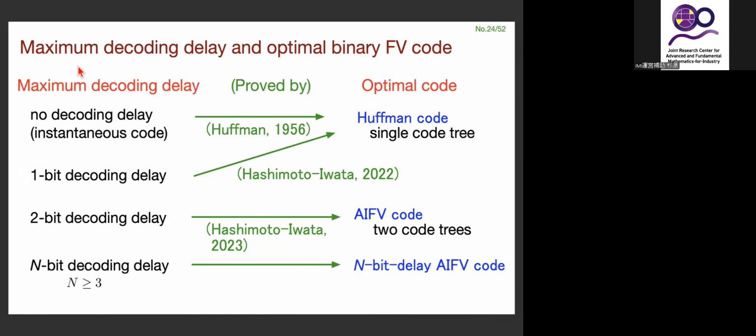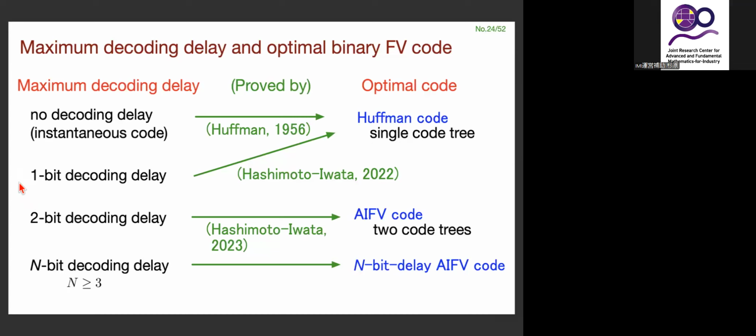Next, we consider the relation between the maximum decoding delay and optimal binary AIFV code. In the case of no decoding delay, that is the case of instantaneous code, Huffman proved that the Huffman code is optimal. That means the Huffman code attains a minimum average code length. And Huffman code uses a single code tree.